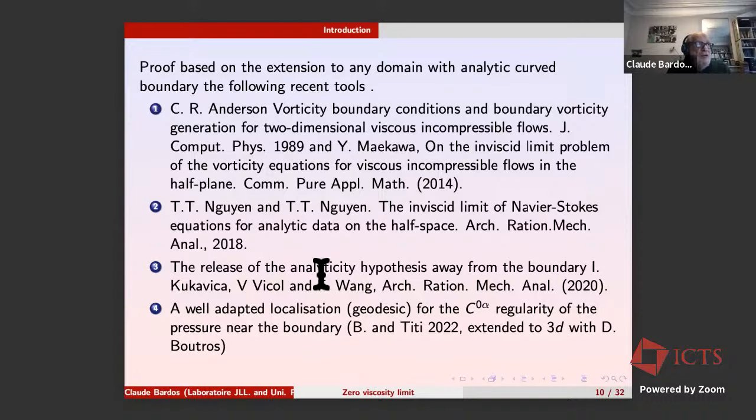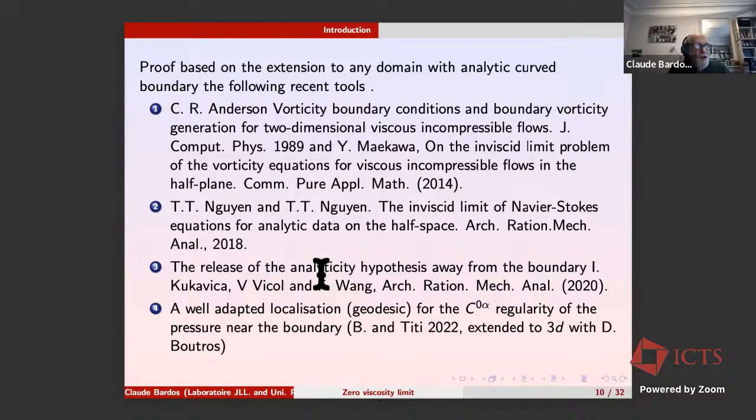And then it was used by Maekawa to prove the convergence of the Navier-Stokes to the Euler equation under a very stringent hypothesis, which is that the initial data, the support of the vorticity, does not touch the boundary, and it was done in the half space. So half space, initial data with vorticity away from the boundary, you get the convergence to the Euler.